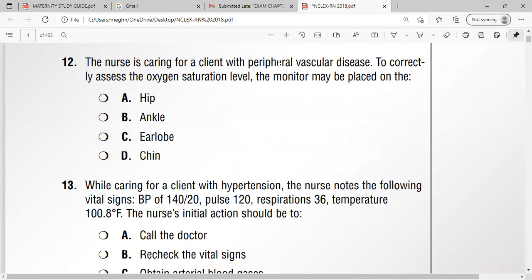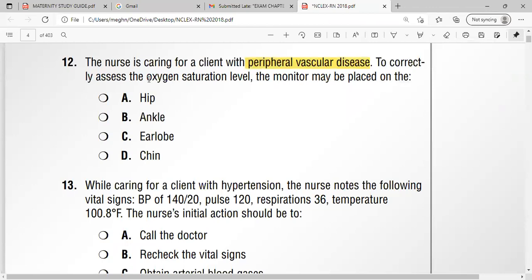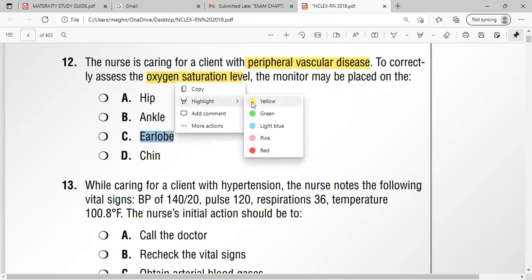The patient has peripheral vascular disease, and you need to measure the oxygen saturation level. We can place the monitor at the hip, ankle, earlobe, or chin. The correct answer is the earlobe.